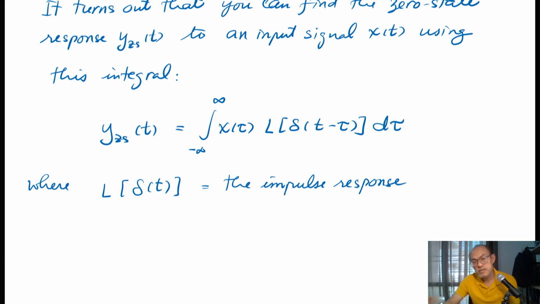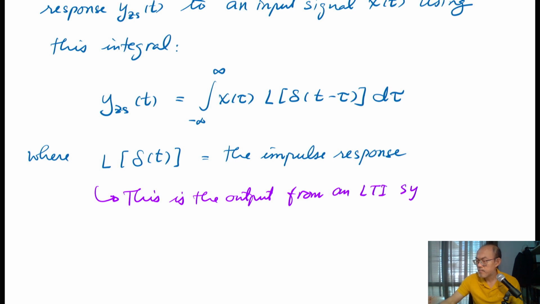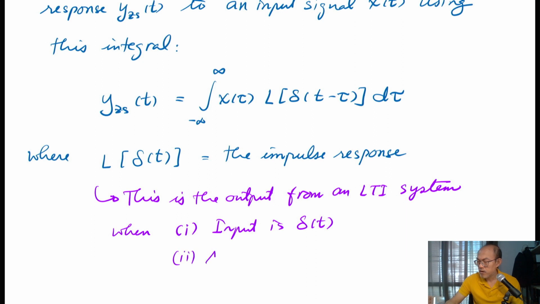It is the output from an LTI system when first the input is the unit impulse signal, and second, all initial states are set to 0.